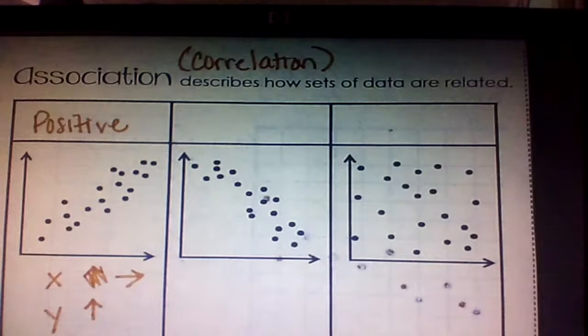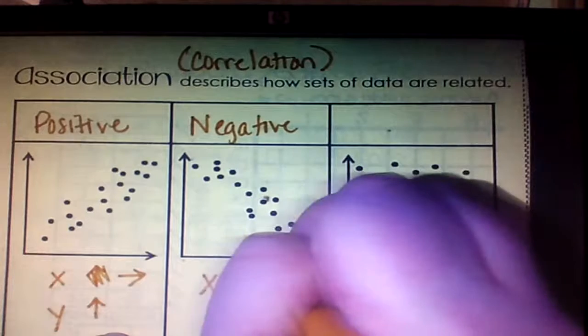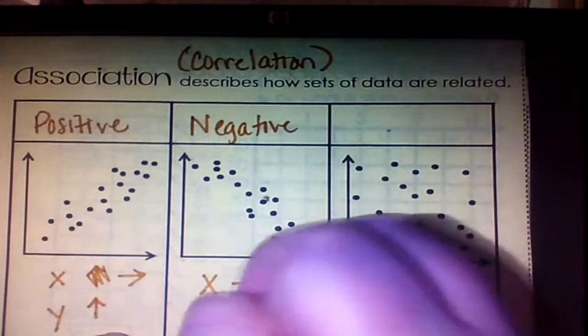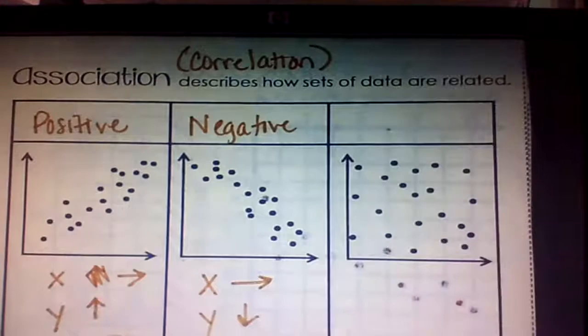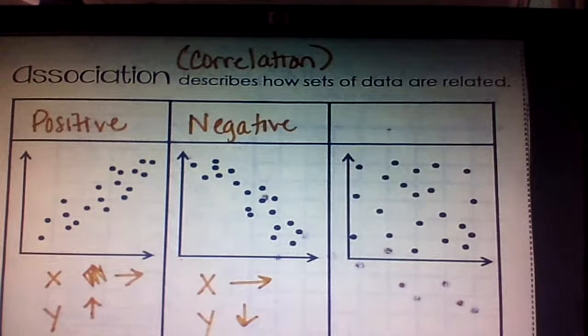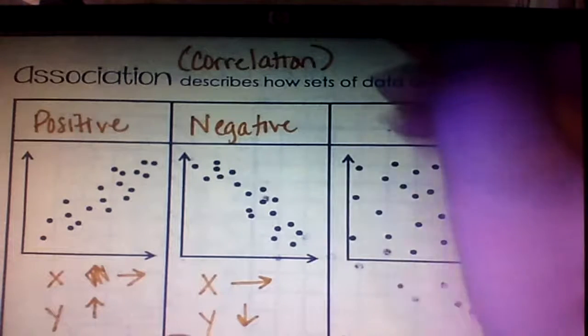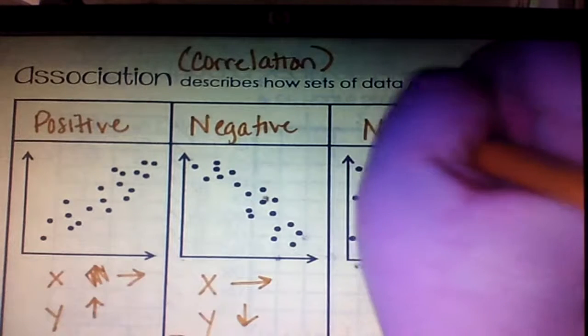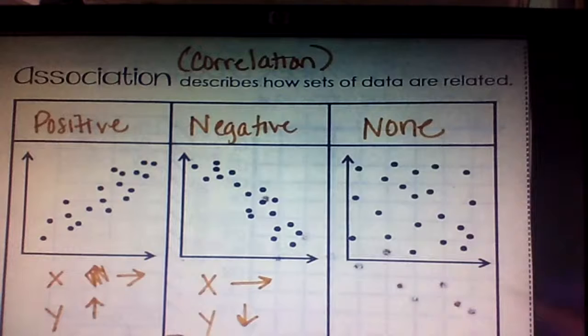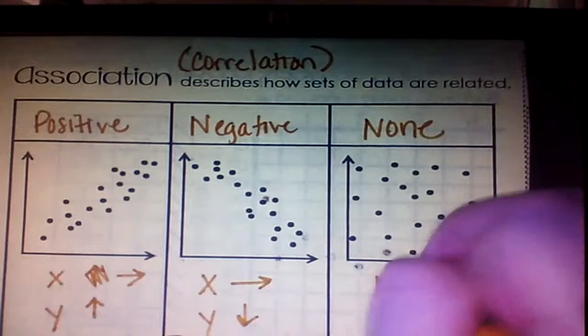The second one then is negative, which means as X goes to the right, Y goes down. And this one is none, or no. This is just no relationship.